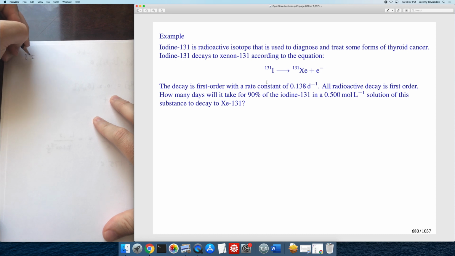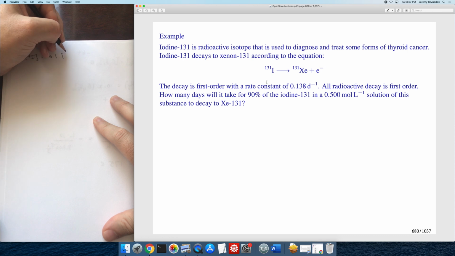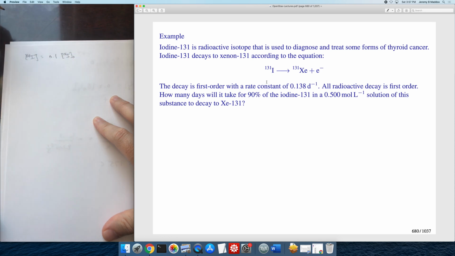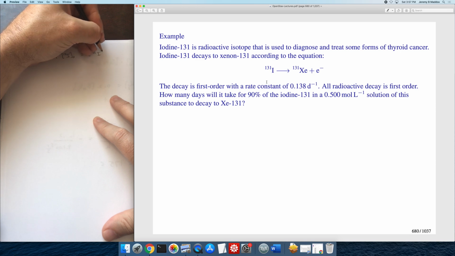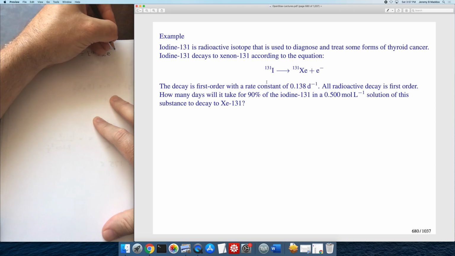So the iodine-131 concentration at this time that they're interested in is 0.1 times the initial 131 concentration. And that is equal to the initial 131 concentration, e to the minus kt.